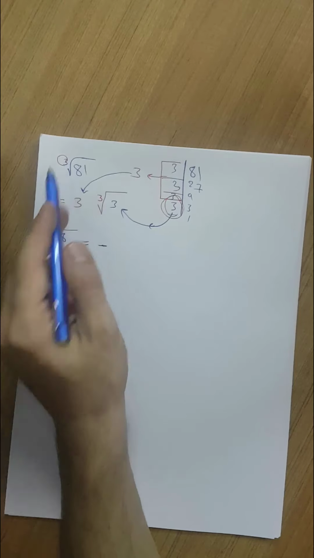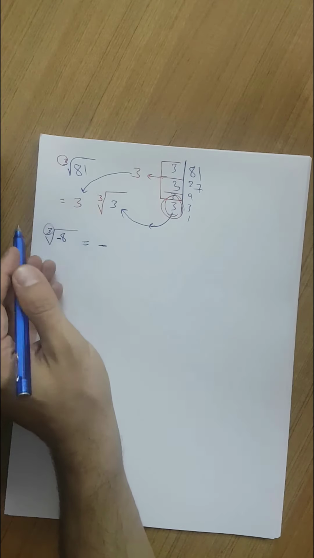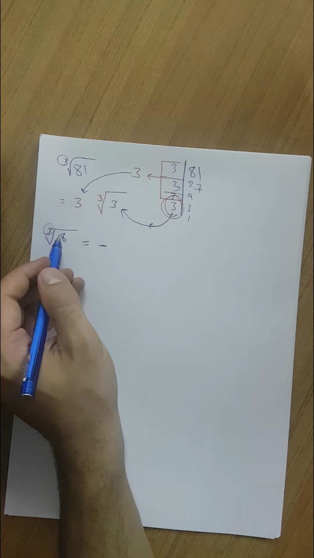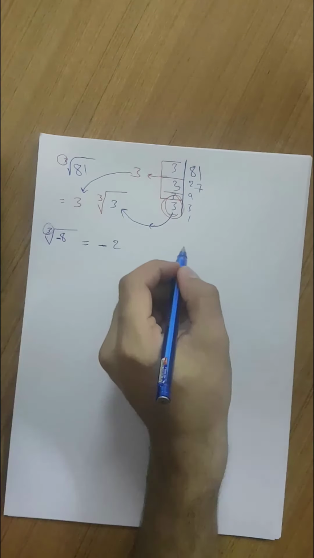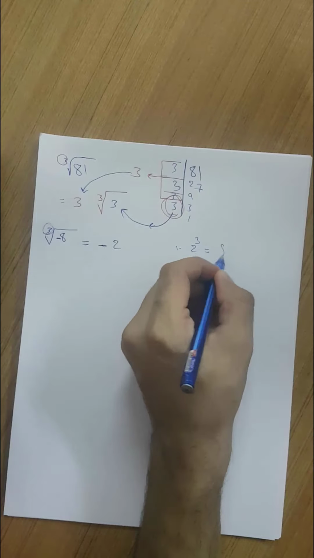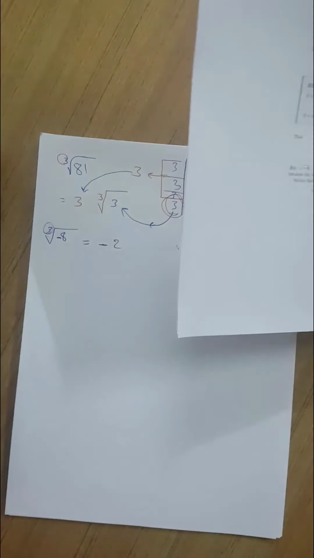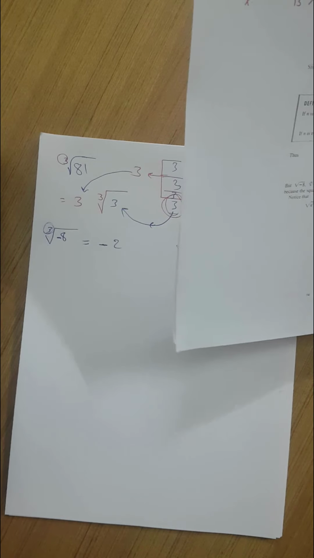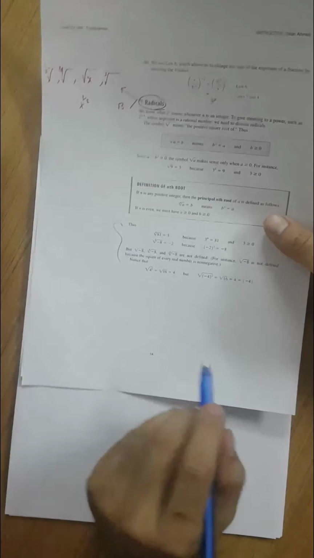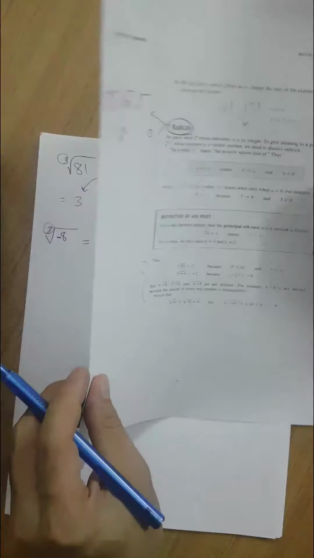If we have an even root, the negative shouldn't be there because it is undefined. So I say it is equal to minus 2, because minus 2 to the power 3 is equal to minus 8. That's why. How about 14 and 16? Try to solve them and review this information.